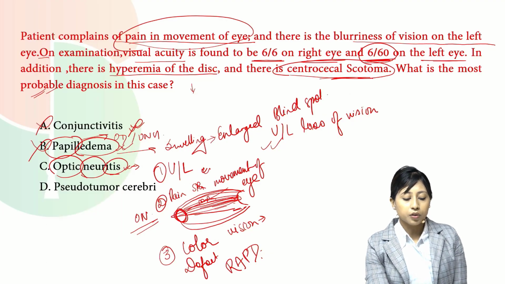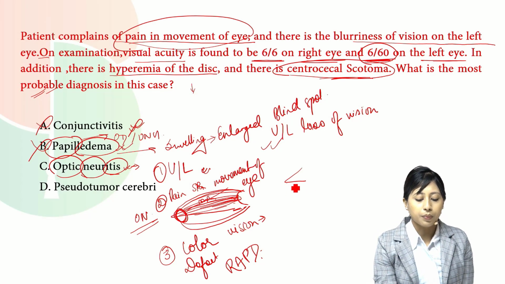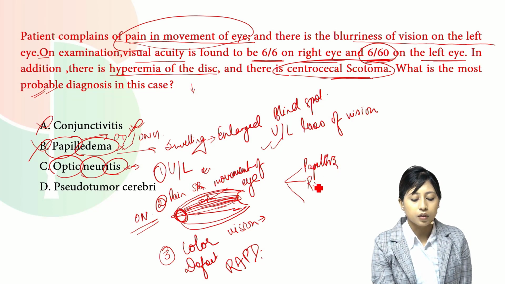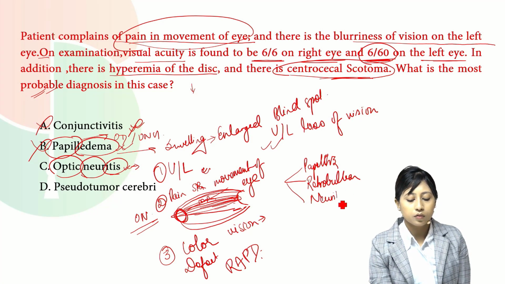As we know, there are three types of optic neuritis: papillitis, retrobulbar neuritis, and neuroretinitis.